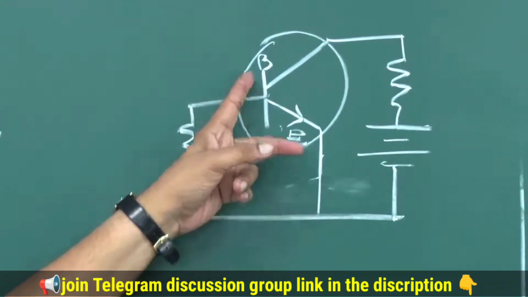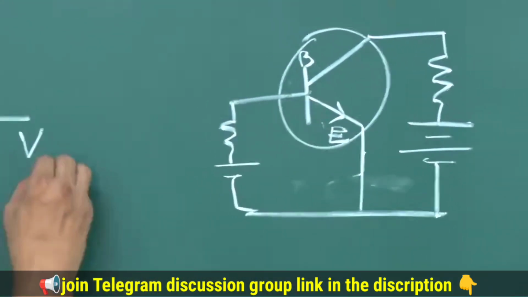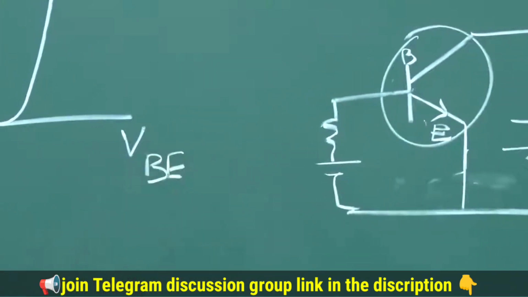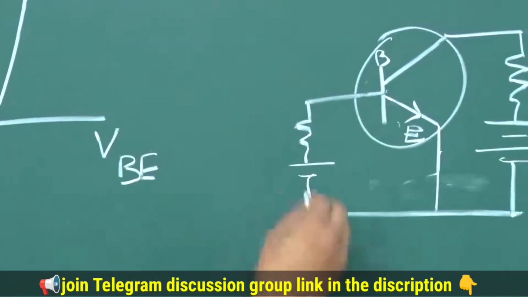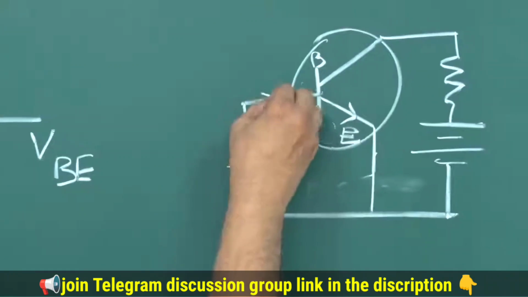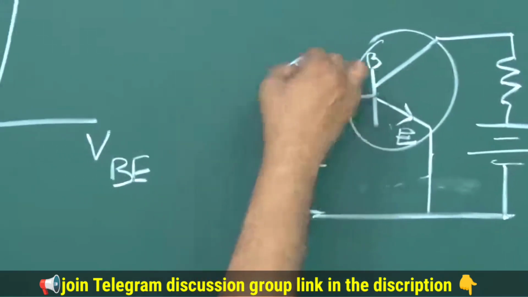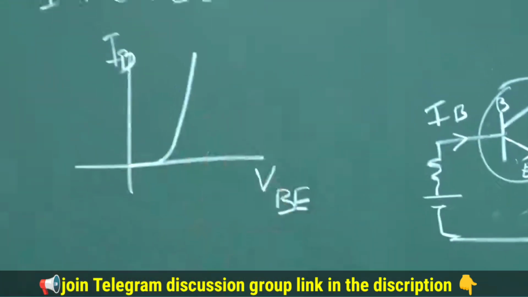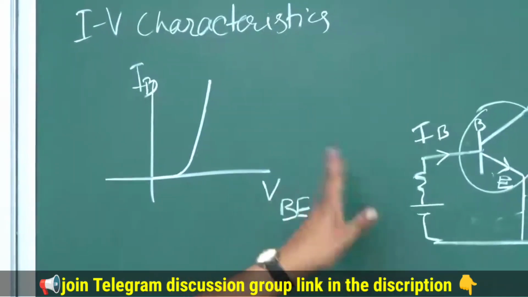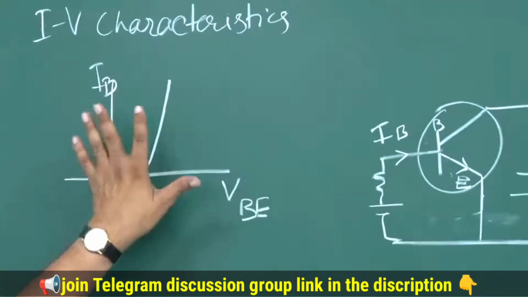So VBE I write here, and then the current IB which is there. If this is current IB, it will look like this. It will almost look like this.